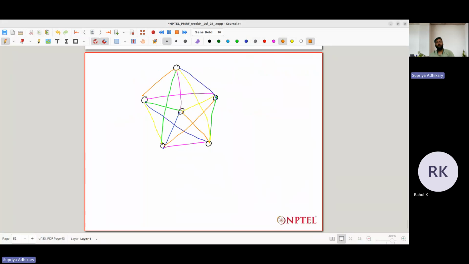So we have colored all the edges, and after the coloring is done, we can just delete the middle vertex and all the edges along with it.